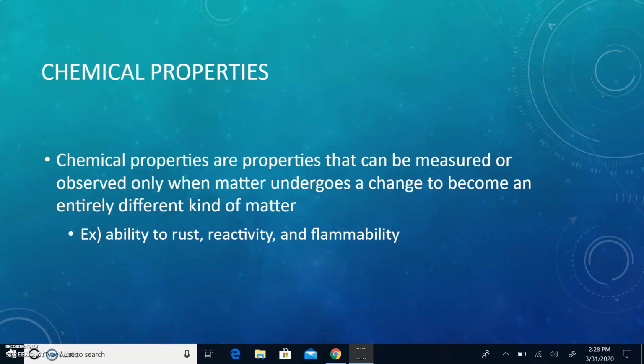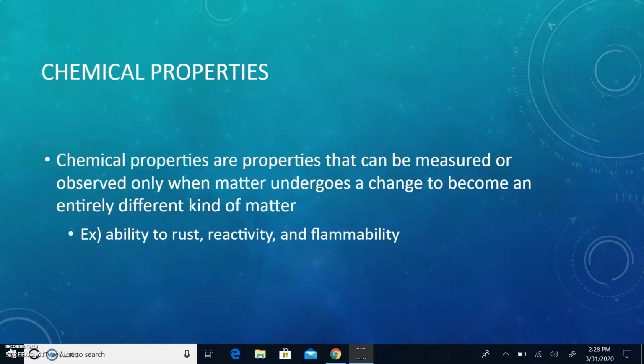You should see in front of you, it says chemical properties, and chemical properties are properties of substances, whether they're elements, compounds, whatever it is that we're talking about, that can be measured or observed only when matter undergoes a change to become an entirely different kind of substance or kind of matter.